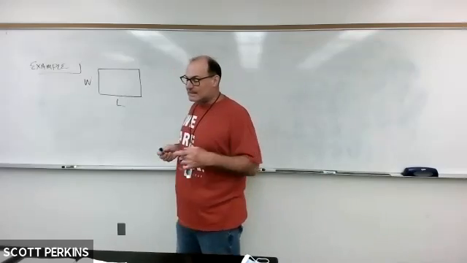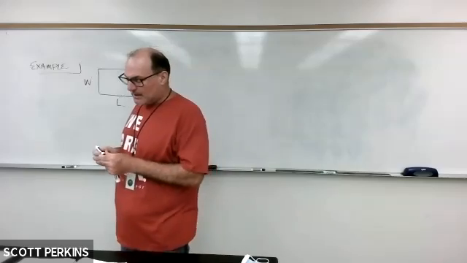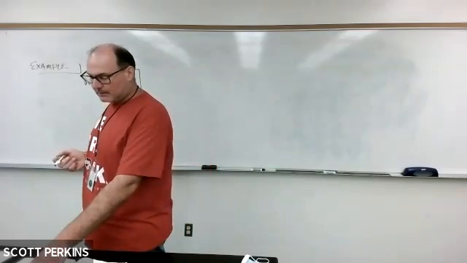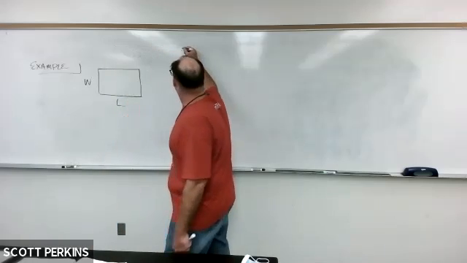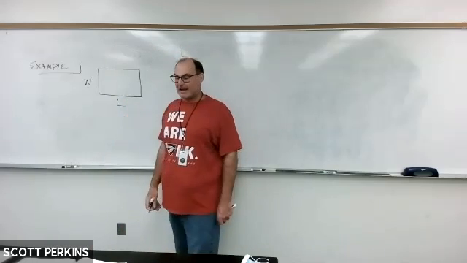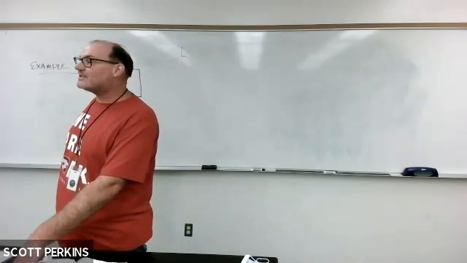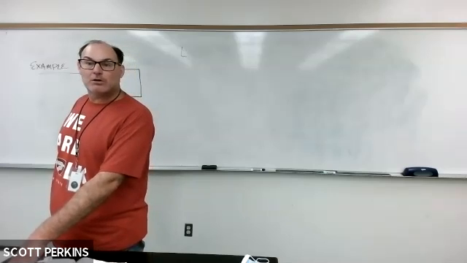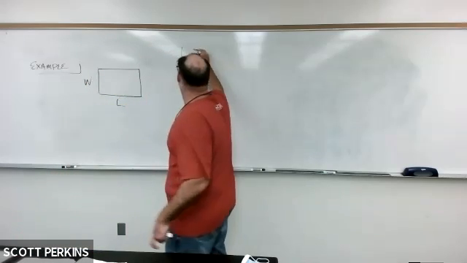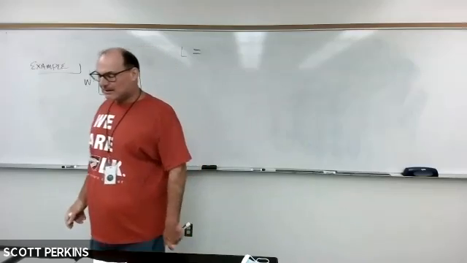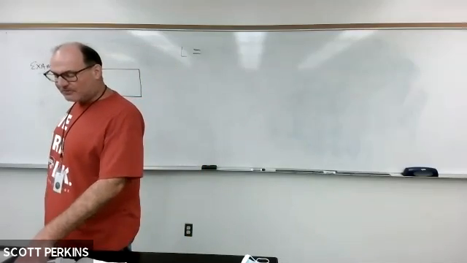So the first sentence tells us that the length, so again, L, the length, that is, the word is, when you see is always means equal. Okay, is always means equal. So length is 10 feet more than.